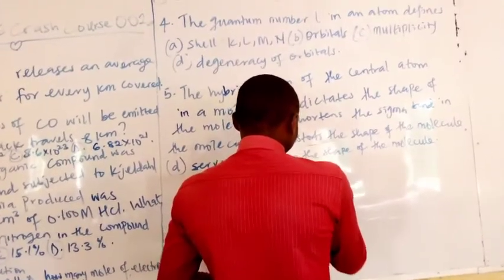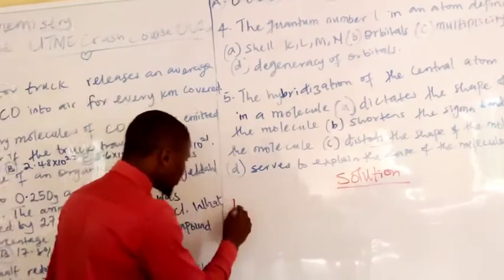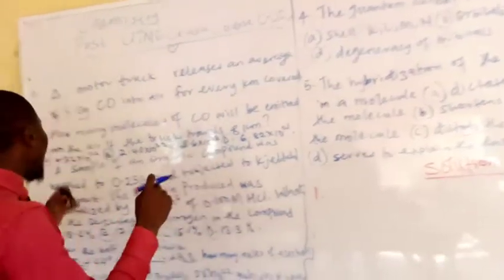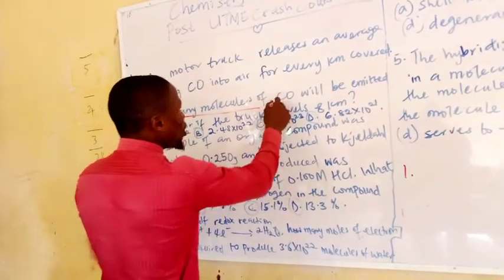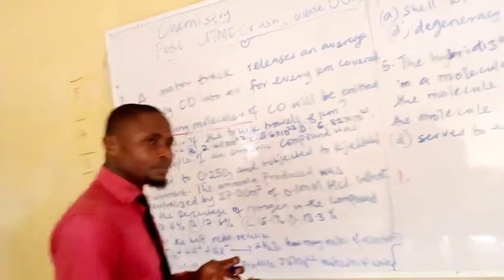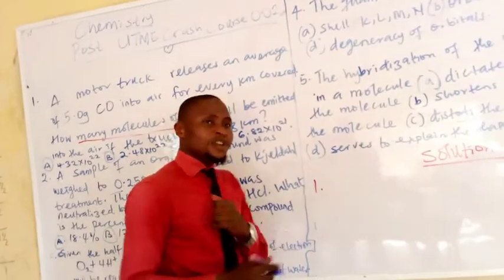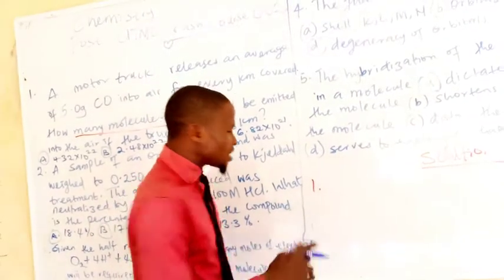Solution. Number 1. Our objective is to calculate the number of molecules of carbon monoxide that will be emitted into air. Under questions like this, we have a series of equations to solve similar questions.